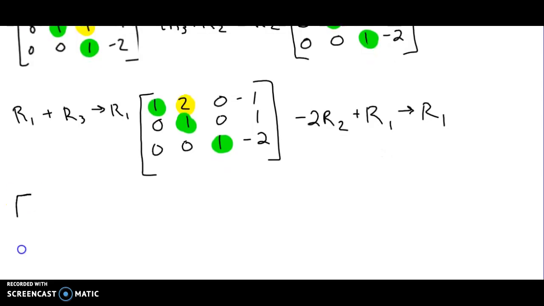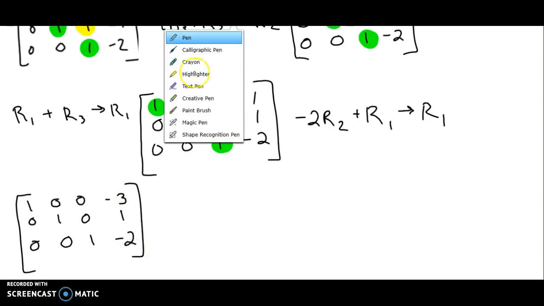If you do that, you'll get row 1 to become 1, 0, 0, -3. Row 2 stays the same as 0, 1, 0, 1. Row 3 stays the same as 0, 0, 1, -2.